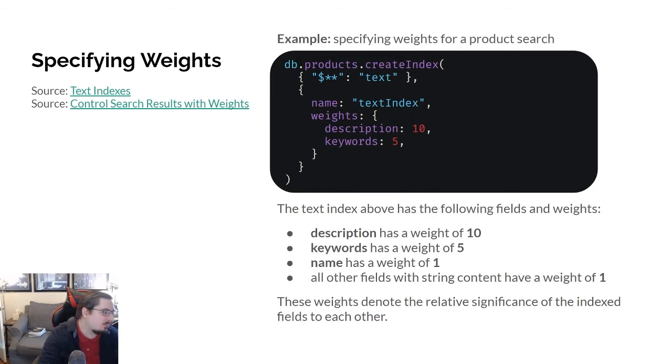Because they're usually more relevant. Let's say, if I was thinking about a blog, the keywords are probably more relevant than even maybe the text of the blog itself, because the keywords give a better indication probably of what's in there than the name of the article or the body of the article does.